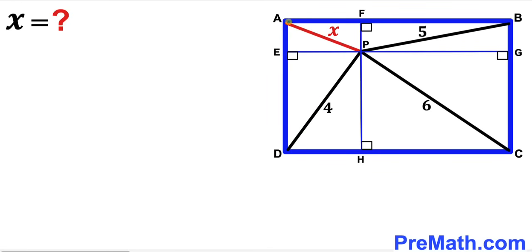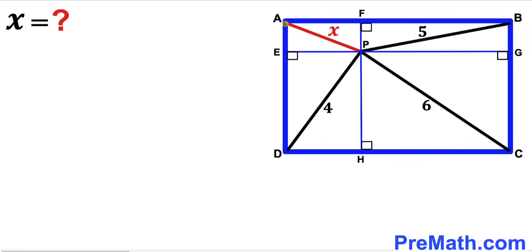We can see that AP is the diagonal for this first rectangle. BP is the diagonal for this other rectangle. CP is the diagonal for this 3rd rectangle. And finally, DP is the diagonal for this rectangle.